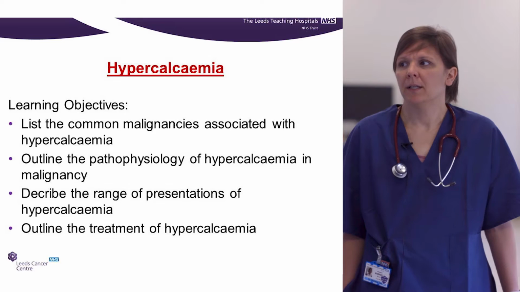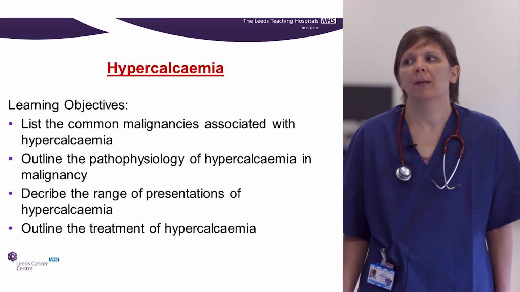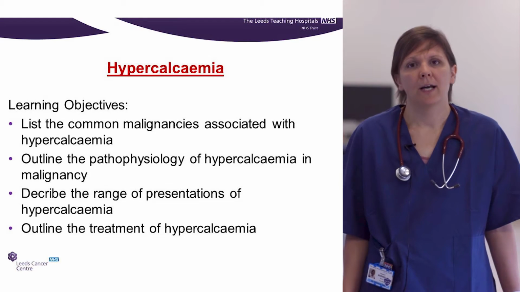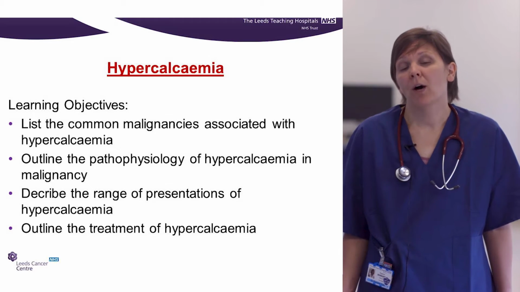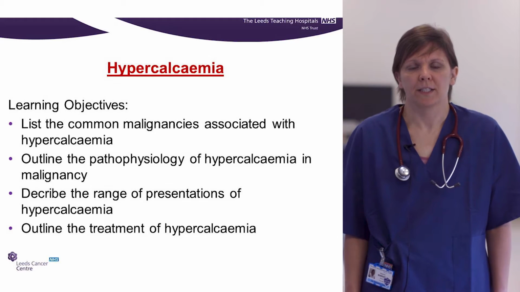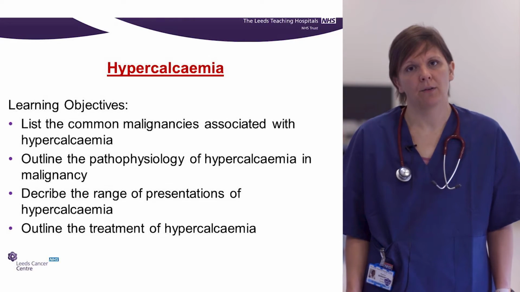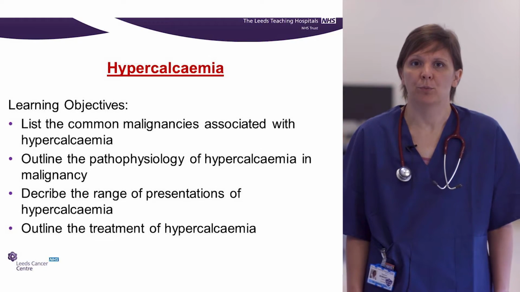So hypercalcemia, what I would hope you'd get from this part of the presentation is be able to list the malignancies that this could be associated with, outline the pathophysiology of hypercalcemia and malignancy, describe how hypercalcemia may well present, and outline the treatment plan for this patient group. Again, I'd like you to utilise the handout if you've been able to print it out, or make notes if you're not able to print out.